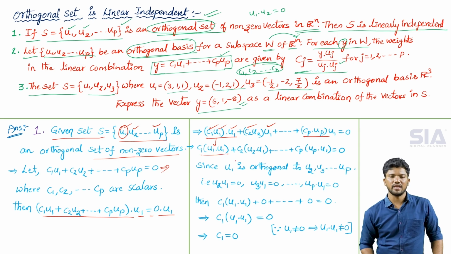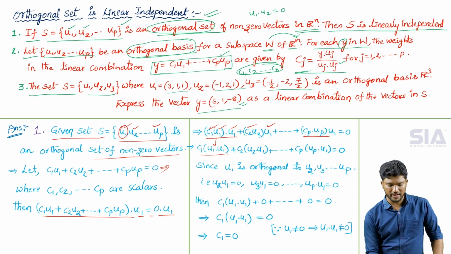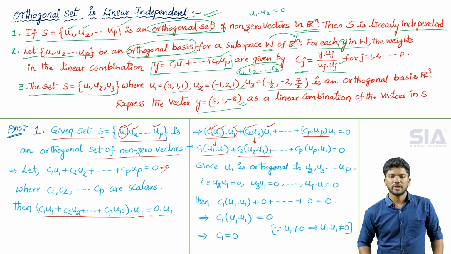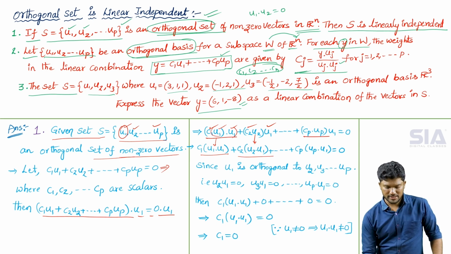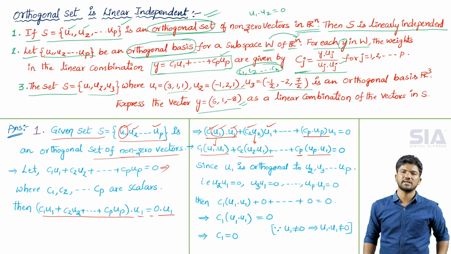So then C1 into u1 into u1, we can apply that bracket for these two values, plus C2 into u2 into u1 plus up to so on C suffix p into u suffix p into u suffix 1 is equal to 0.